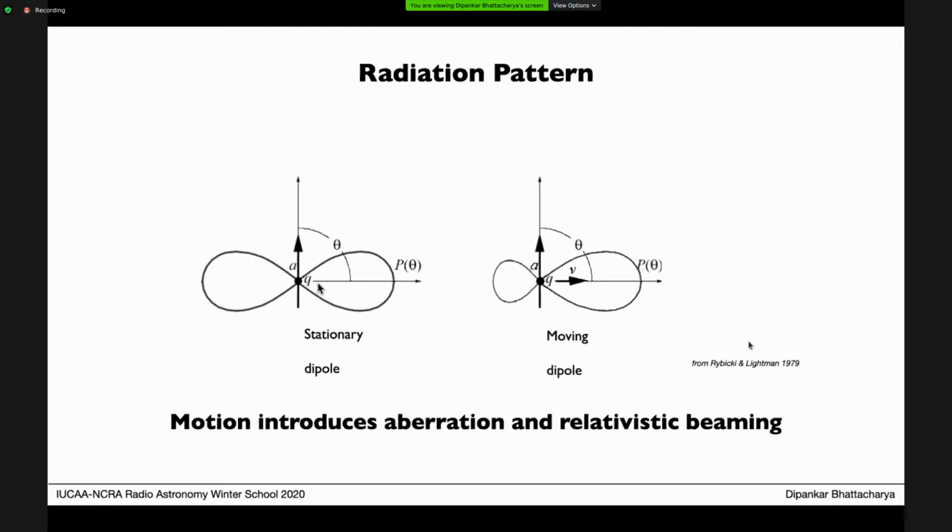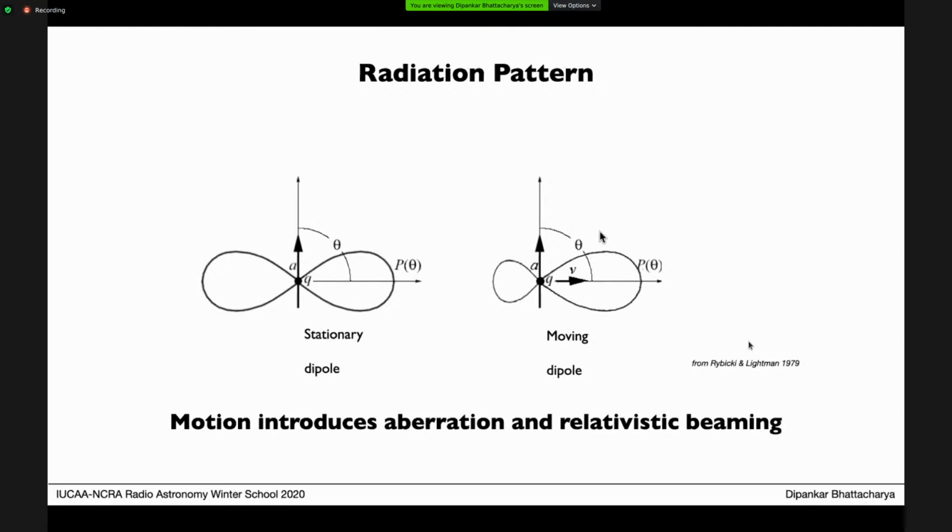But if this dipole moves with respect to the observer, let's say in the horizontal direction, then what we will see is that the distribution of radiation in the direction of motion will enhance, and against the direction of motion will reduce.